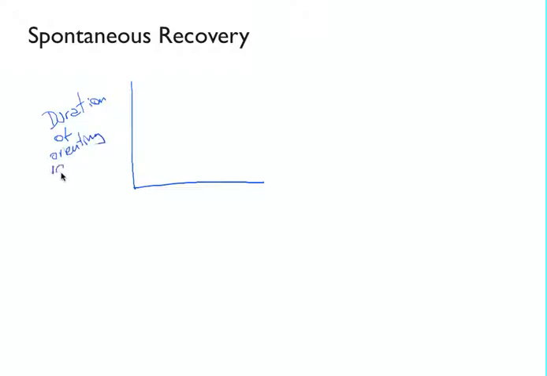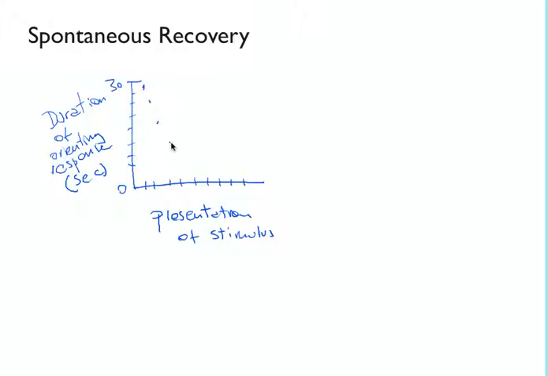We have the orienting response in seconds, and we said that it was something like 30, this is 0, and we have a few values in between, and we have presentations of stimulus. If we present this stimulus repeatedly and this orienting response is habituated, what we mean is that there is a decline in the magnitude of that response with repeated presentation of the stimulus.